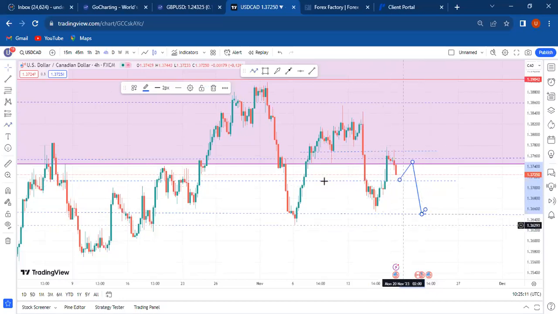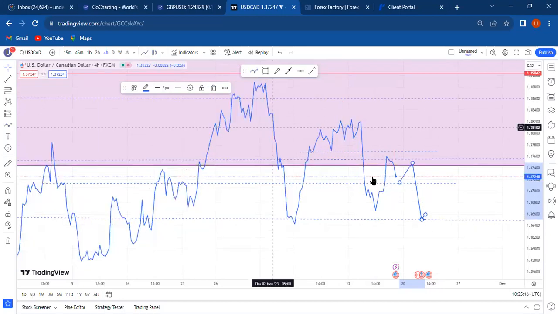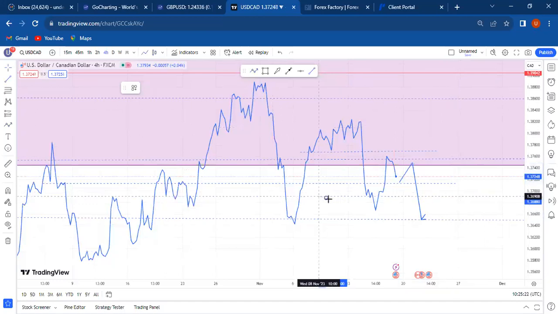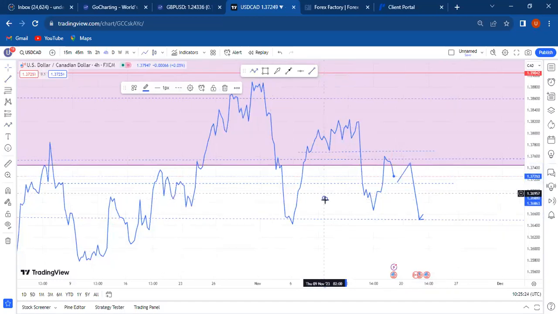And if I'm to look at areas that I would love to see support, I love to see one here. So I have this, right? This is a fresh level also of 4 hours time frame. We have here.